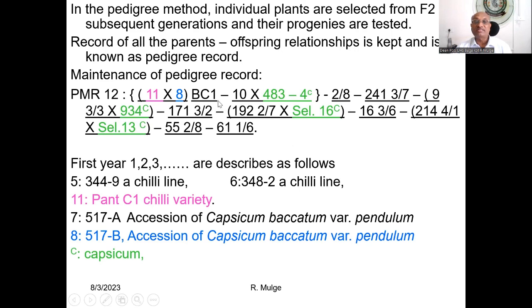You get seeds from this BC1, and you raise them in the next generation. You sow the seeds in several rows. In the next generation, it is the 10th row, right?